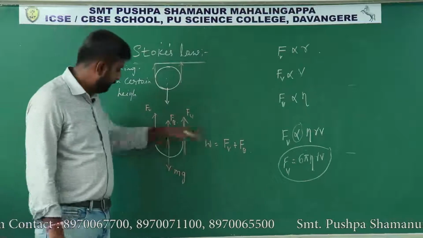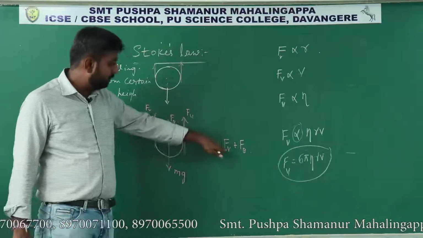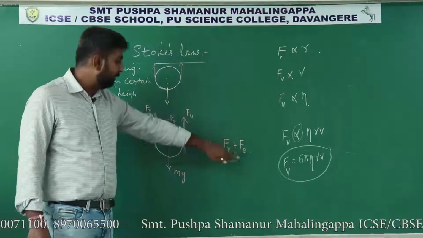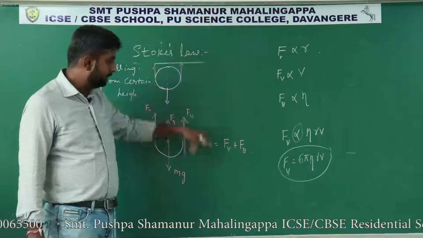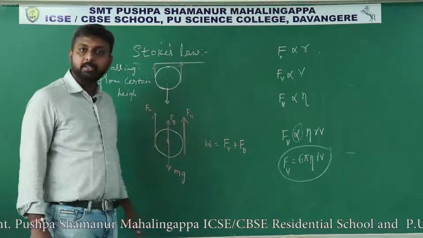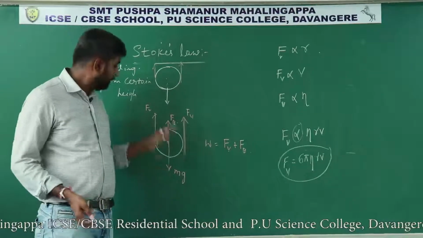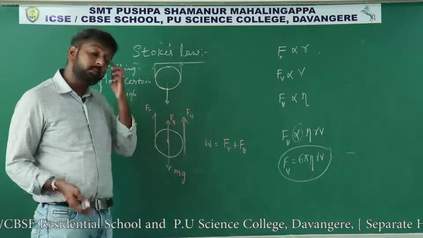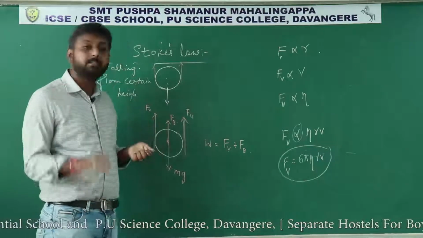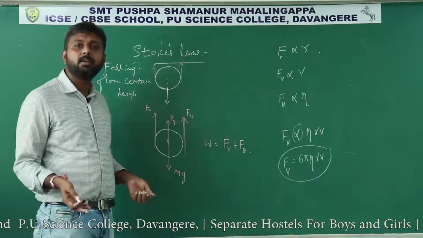If weight equals Fv plus Fb, why? Because these are acting in the upward direction, the weight is acting in the downward direction. In magnitude, if they become equal, then the net force acting on this spherical object becomes 0. Net force becomes 0 means what happens?